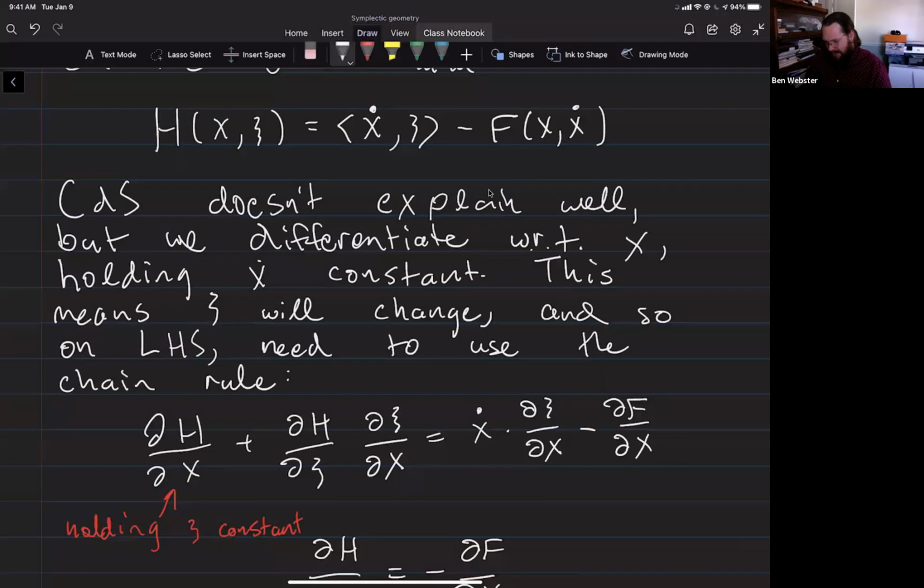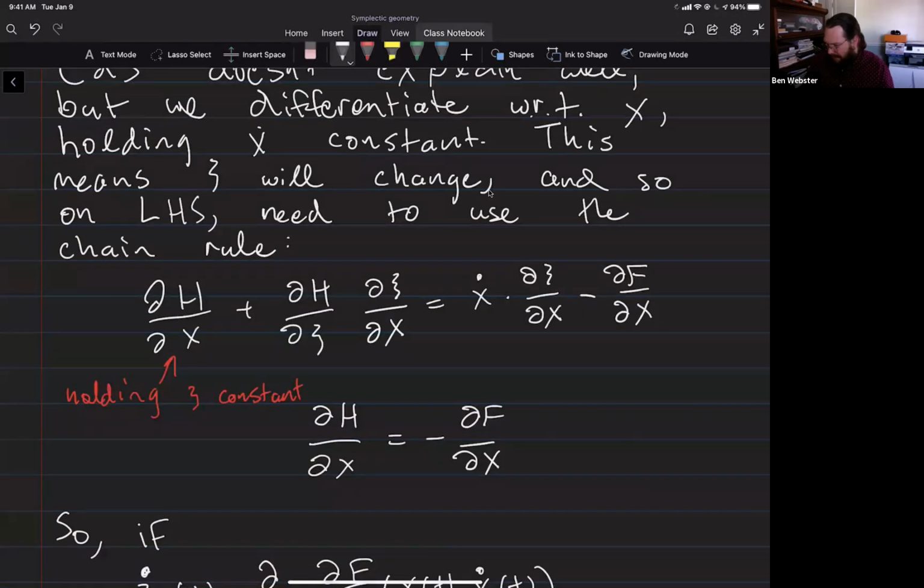On the left-hand side, well, there's the derivative of the Hamiltonian holding c constant, and then there's an extra term that comes from the chain rule for the derivative of the Hamiltonian with respect to c and the derivative of c with respect to x.